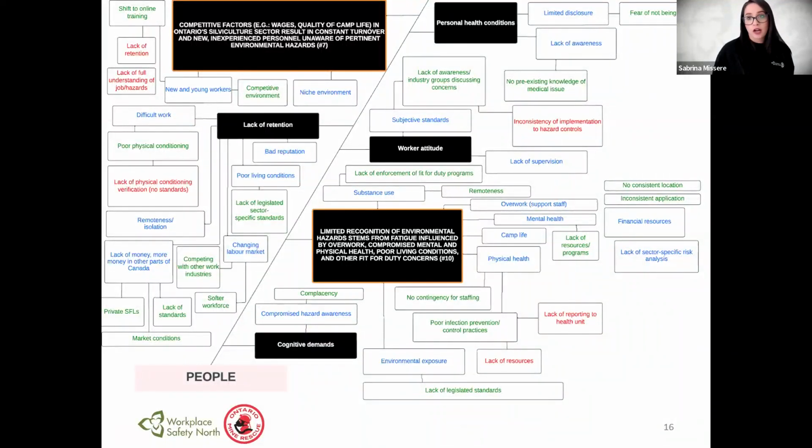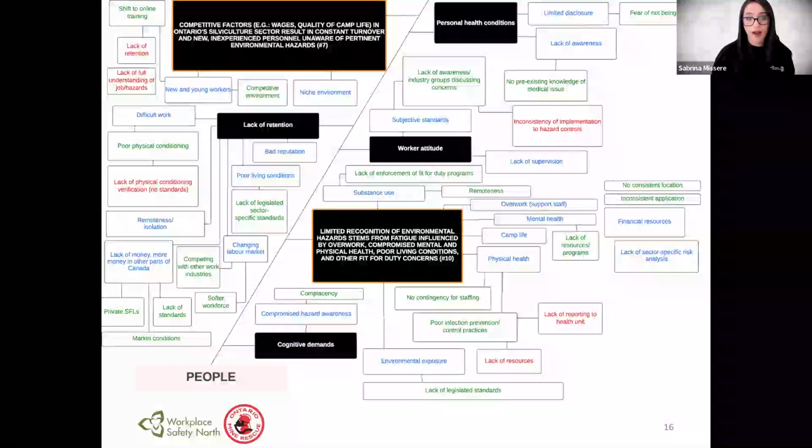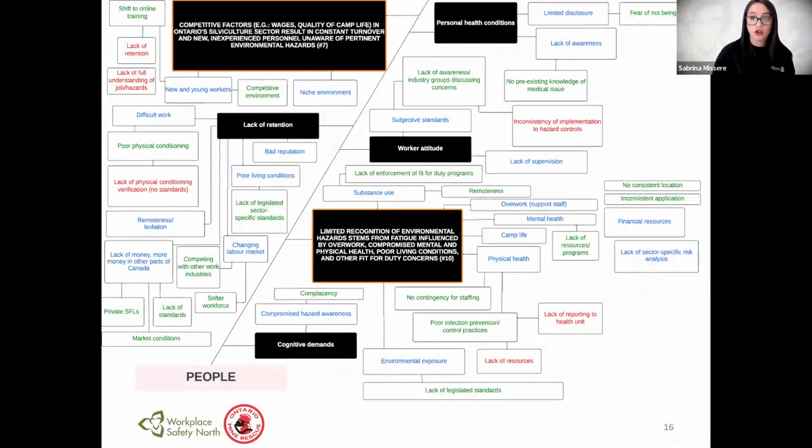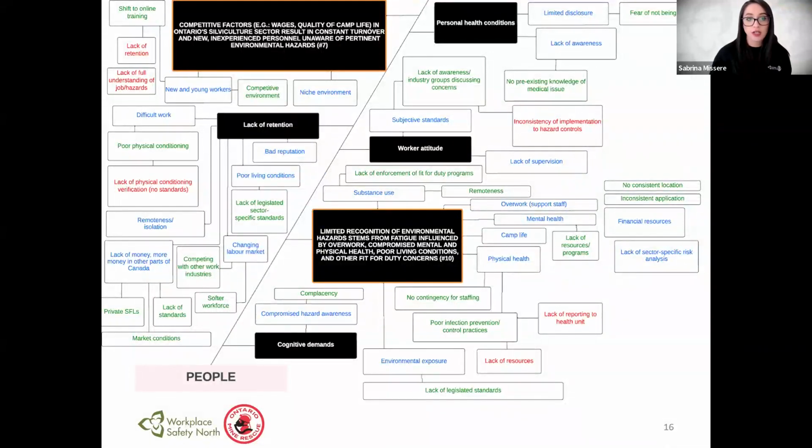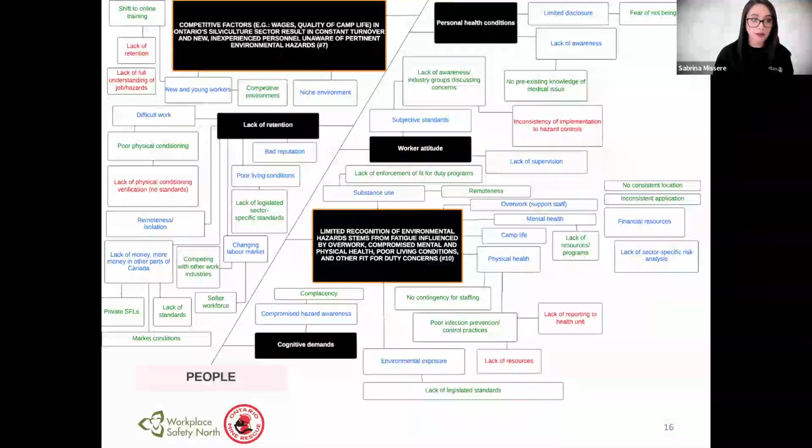So a lot of discussion was had around the people factor of the diagram during our 2-day session. Some things to note here for your primary causes were lack of retention, competitive factors, personal health conditions, worker attitudes, and limited recognition of environmental hazards influenced by fatigue and cognitive demands.